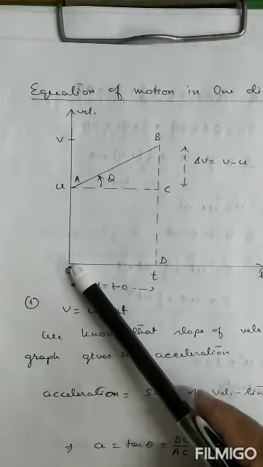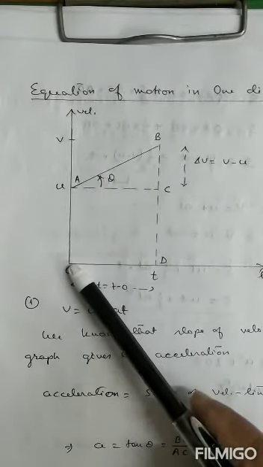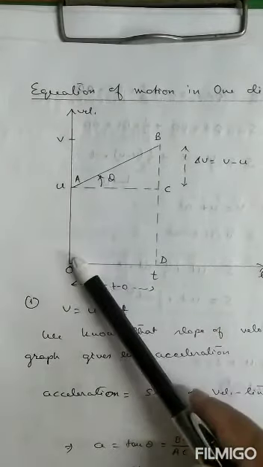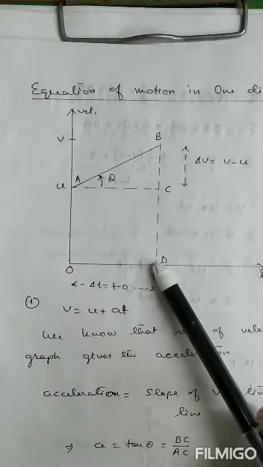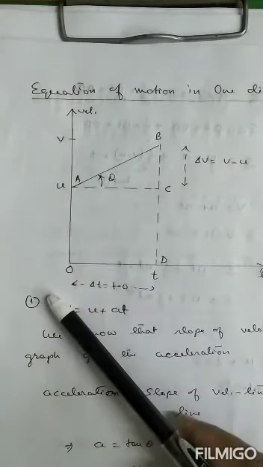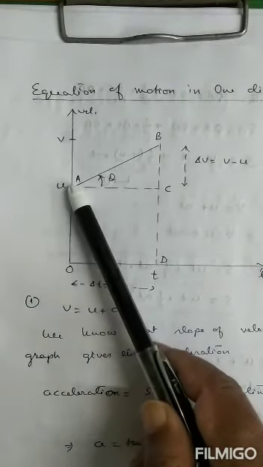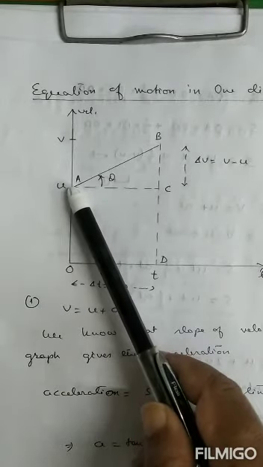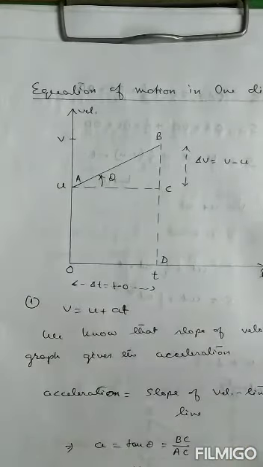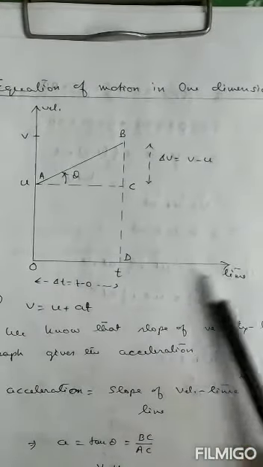When t is 0, that means when I initially observe the body, it moves with velocity u. And after time t, the velocity of the body is found to be v. So what are the coordinates of this point? The coordinate is (0, u), where 0 is for time because the x-axis is time.